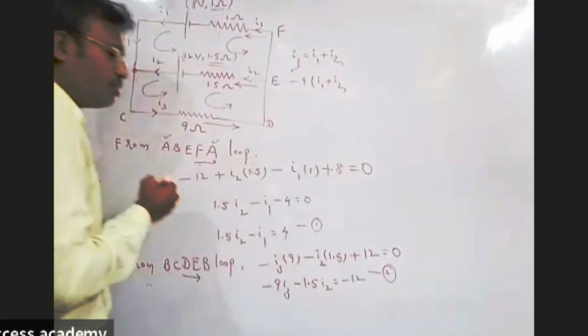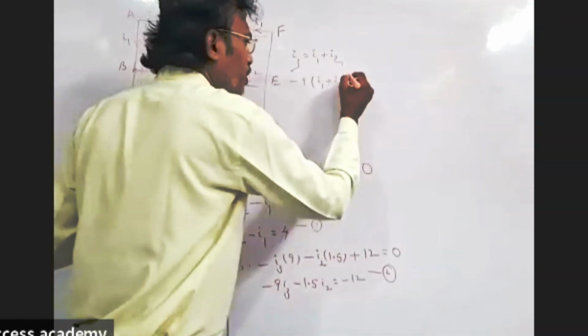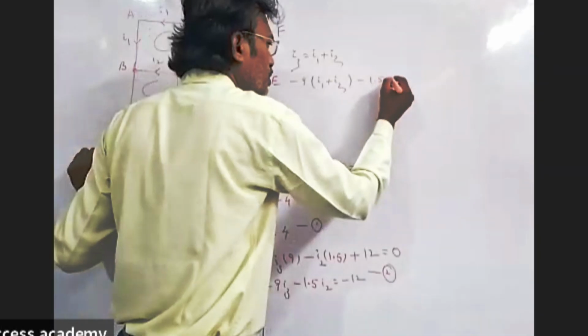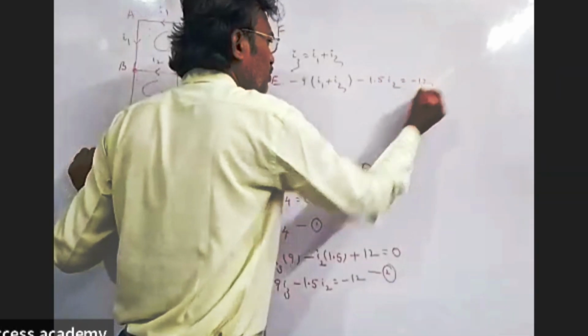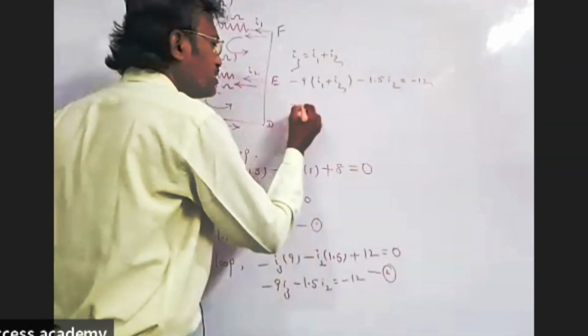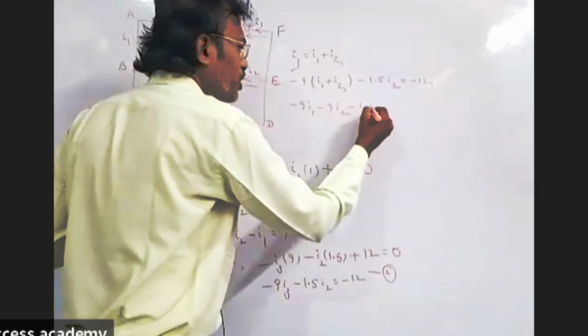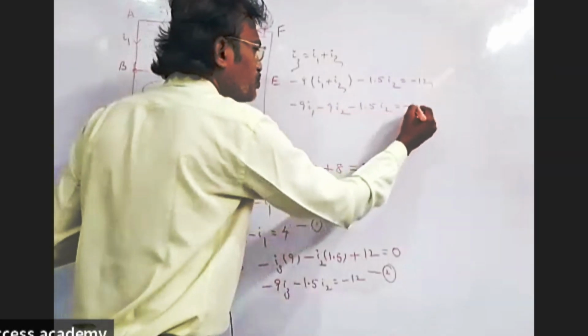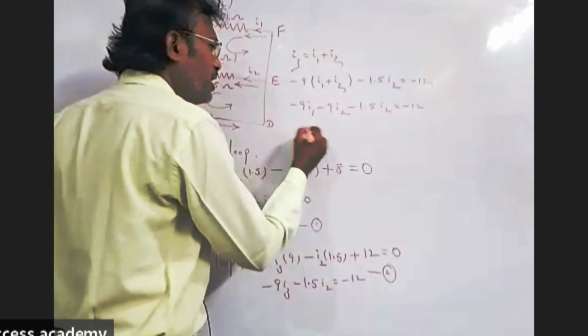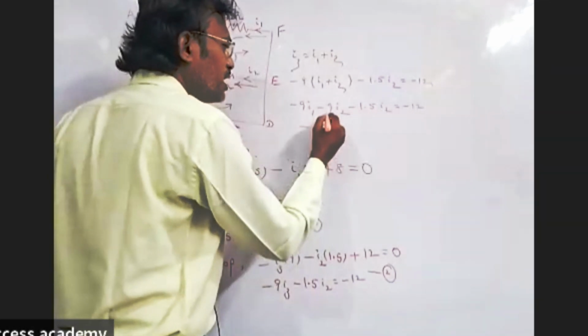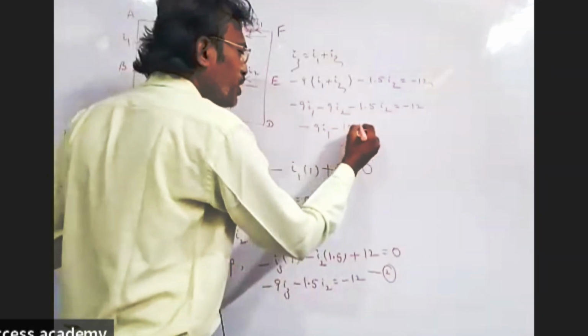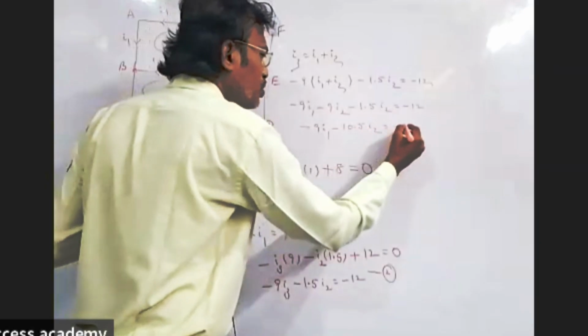So in the second equation, I replace I3 with I1 plus I2: minus 9 times (I1 plus I2) minus 1.5 I2 is equal to minus 12. Now minus 9 I1, minus 9 I2, minus 1.5 I2, so minus 9 I1 minus 10.5 I2 is equal to minus 12.